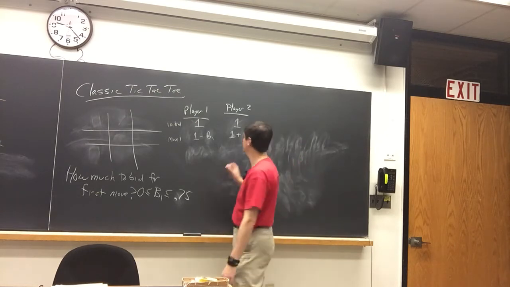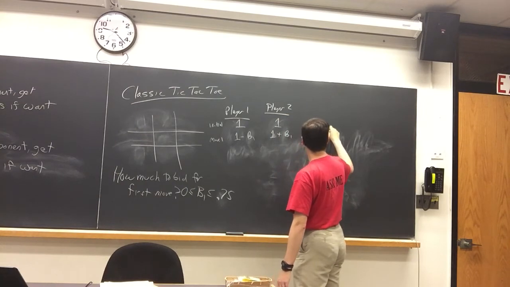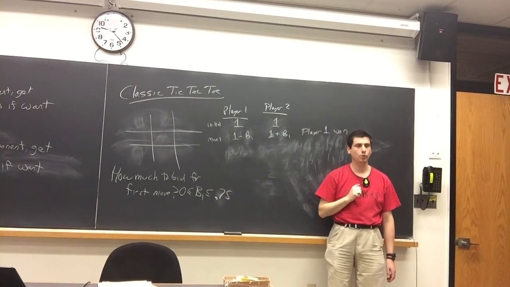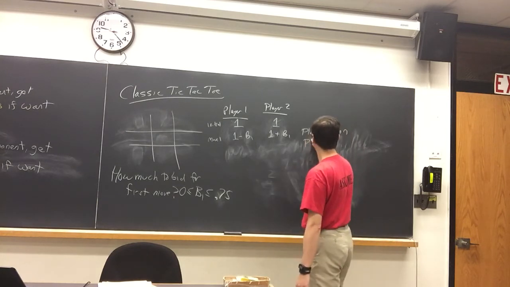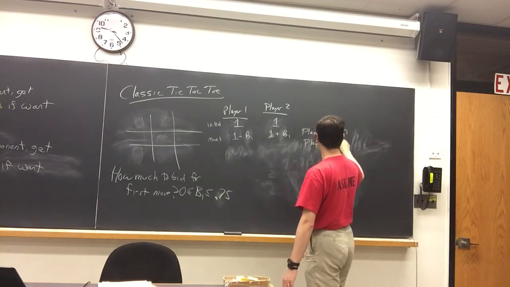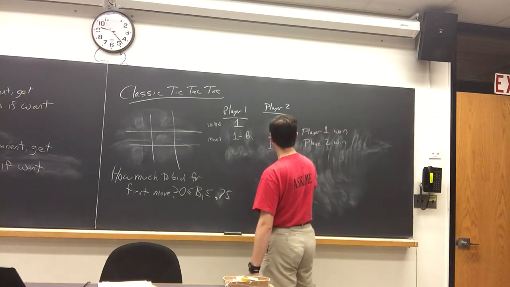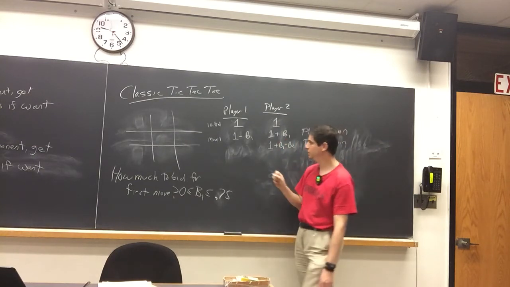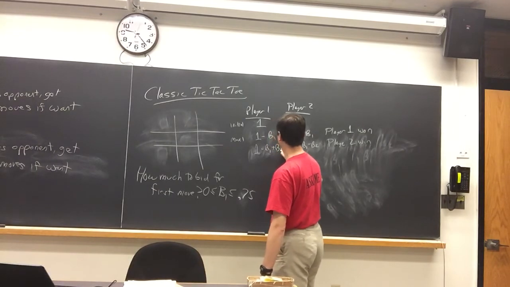Now what we want to do is bid a certain amount so that if we win, we can then do the next 2 moves. So here we want player 2 to win. So now we're going to go down to 1 plus b1 minus b2. And here we're going to go to 1 minus b1 plus b2.